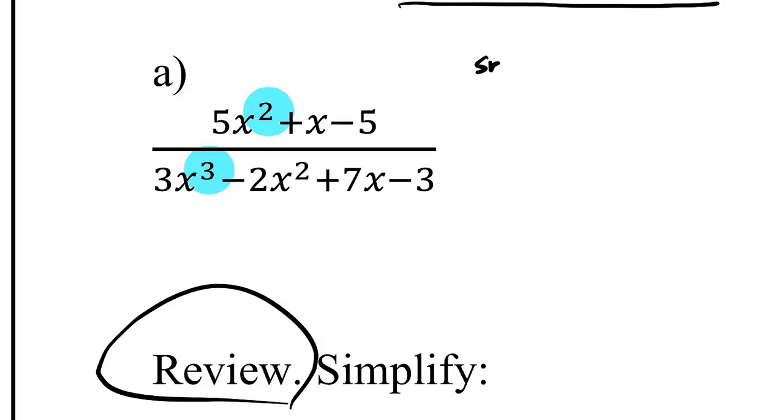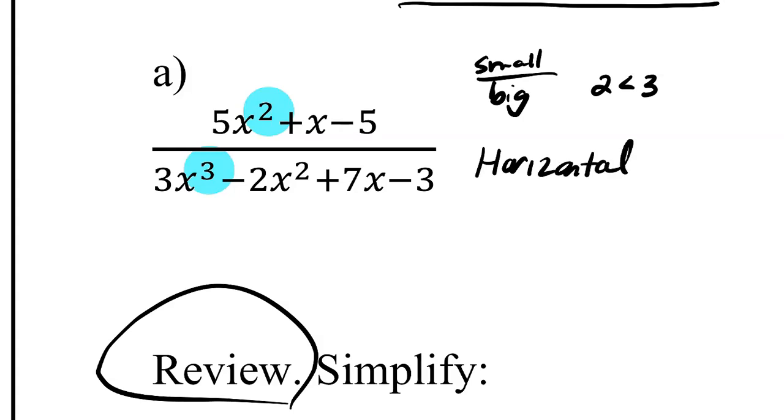So when you have a small numerator over a bigger denominator, right, 2 is less than 3, that would tell us we have a horizontal asymptote, or HA, at y equals 0.